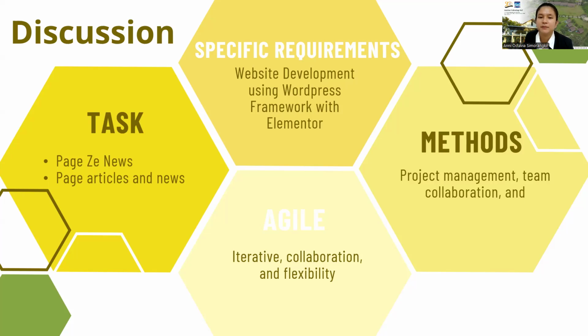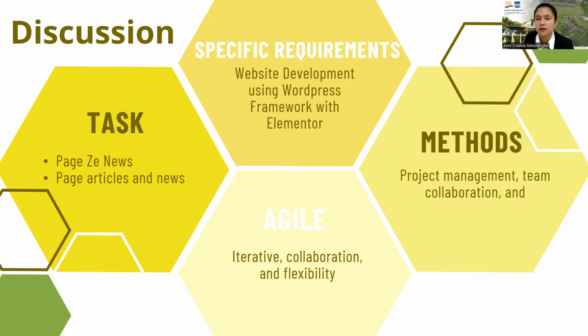From this requirement, I want to tell about my methods to do all of these tasks. For the first, I as a developer try to understand the information related to the requirements on the Notion application as a project management tool. And then I try to look at and analyze the design guidelines from the UI UX designer.